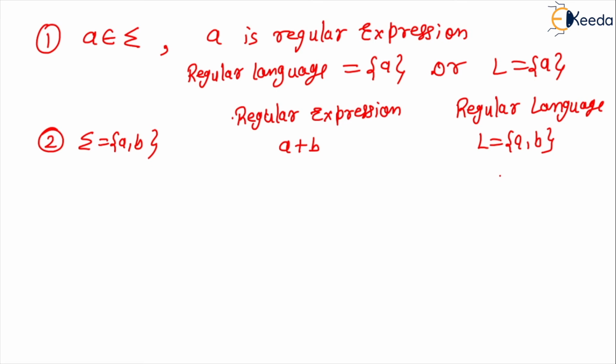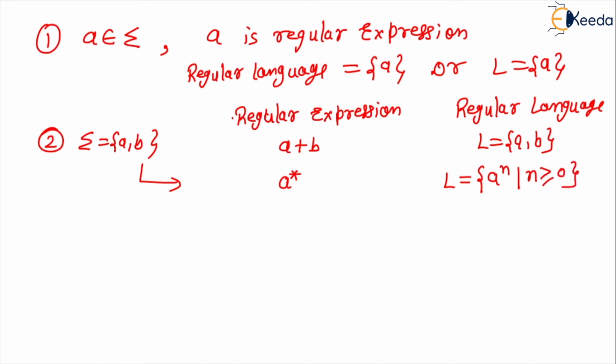Got it? Now, if you write a format for an infinite language, for the same input we write the expression A star. So in this case, A star is a regular expression. What is the regular language for this expression? You can write L equals A raised to n, where n is greater than or equal to 0.